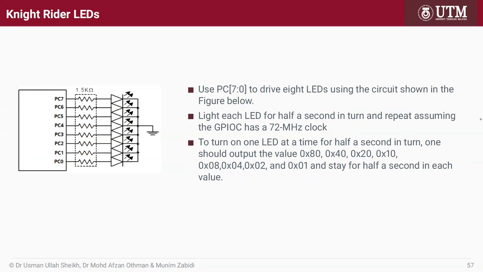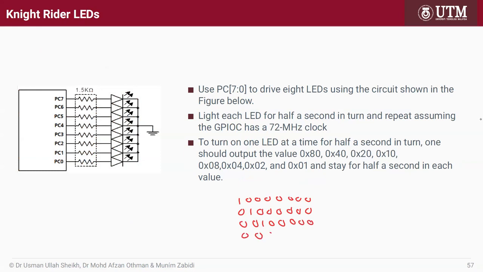Okay, so let's say I want to do Night Rider. You know Night Rider, right? Night Rider is one LED on and the others off. It goes like this: 1, 0, 0, 0, 0, 0, 0, 0, and then the next one, and so on.